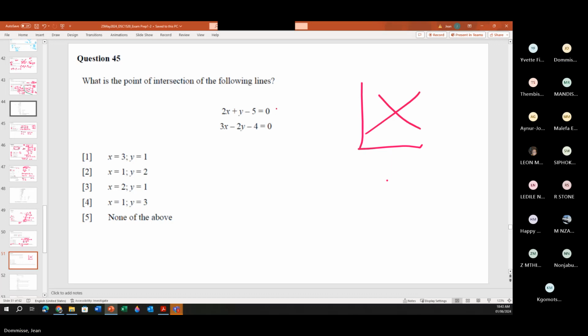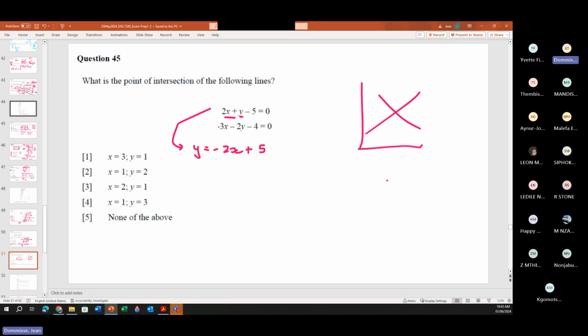So we need to nearly rewrite the line. So let's just first rewrite that first one. So y is fine where it is. We'll take the 2 over, so that's minus 2x. Take the 5 over, so that will be plus 5.